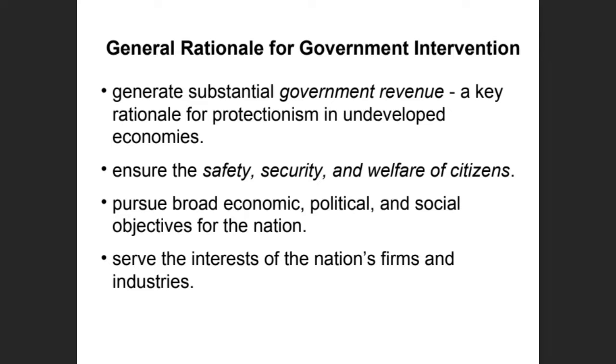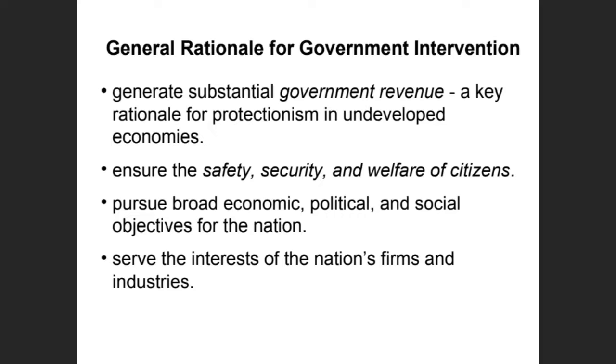Now, the general rationale. Tariffs and other forms of government intervention actually generate substantial revenue. For example, both Ghana and Sierra Leone's governments generate nearly 25% of their revenue from tariffs.